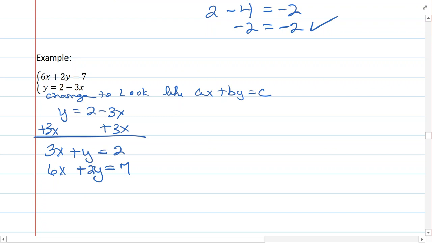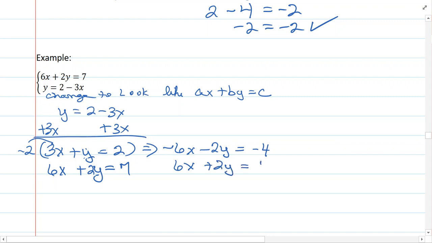Okay, so I notice that I've got 2 y's. I need a 2 here, and I'll get rid of that one. So I'm going to multiply this by negative 2, the whole thing. So I'm going to get negative 6x, negative 2y equals negative 4. And then I'm going to put this one down: 6x plus 2y equals 7.